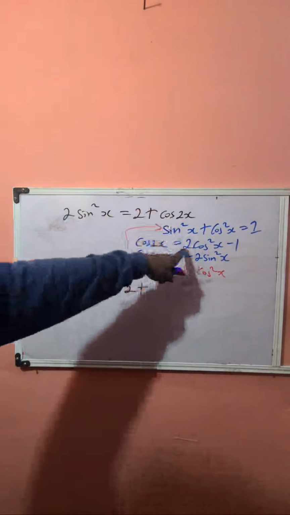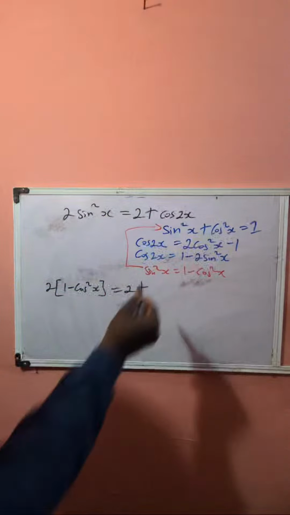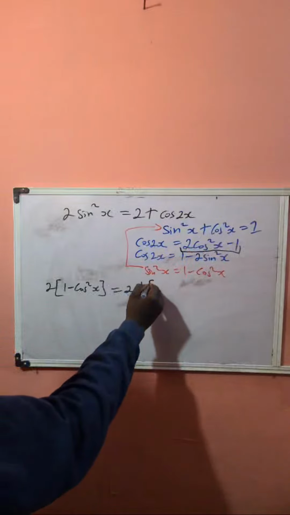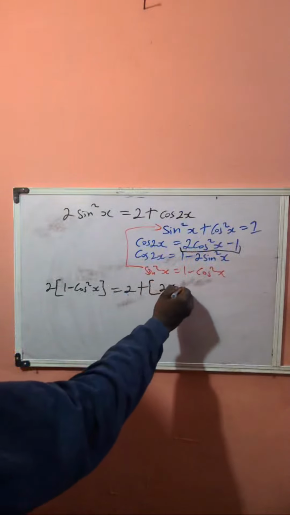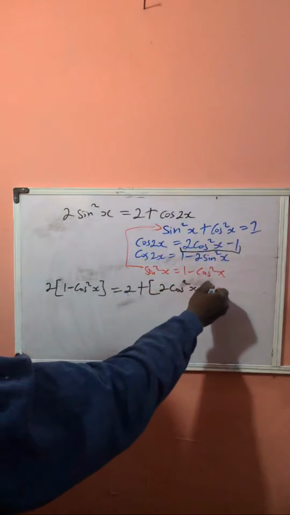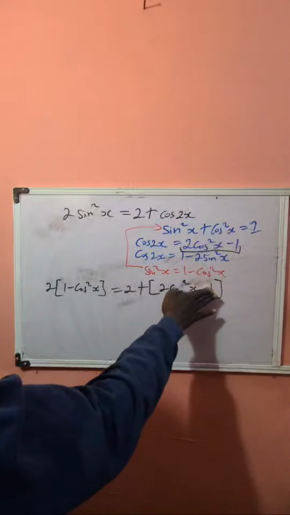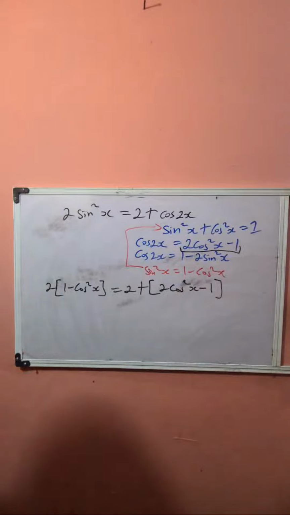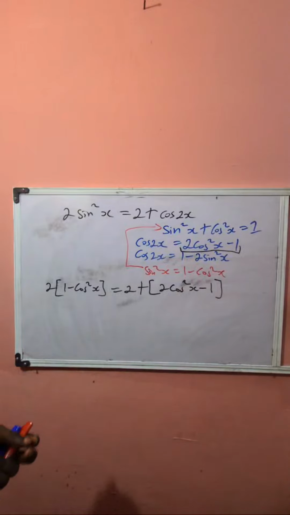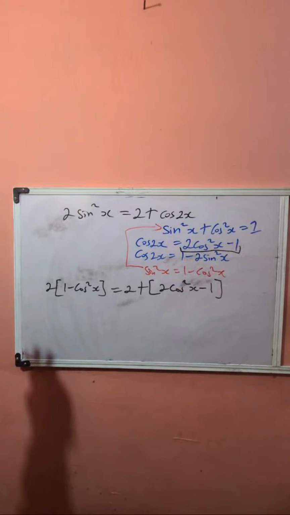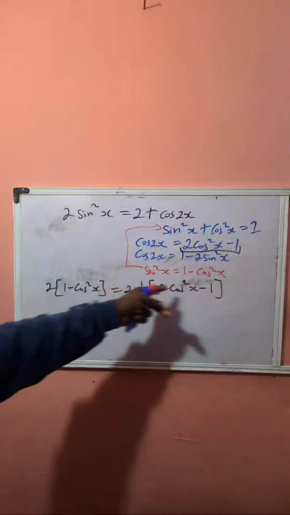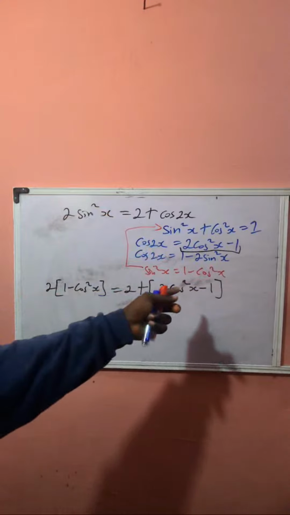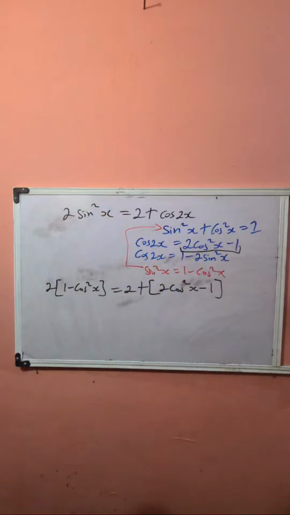I can write cos 2x as 2 cos square x minus 1. The reason for this is so that I can have a more uniform identity, one trigonometry function all over the place. So you can see it right here, I'm using cos in this particular one.